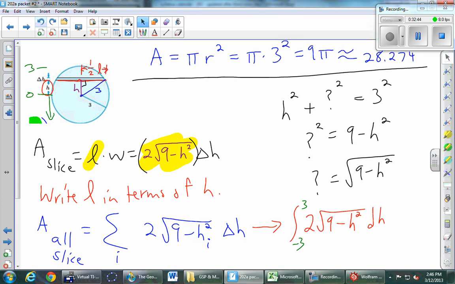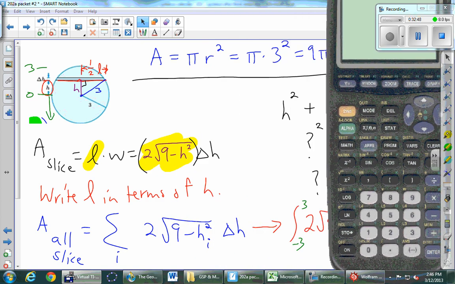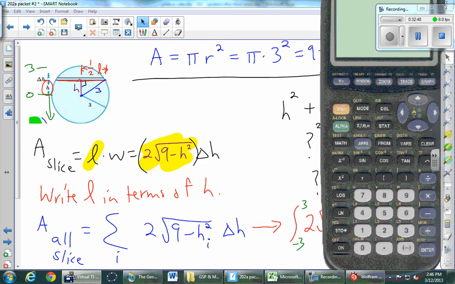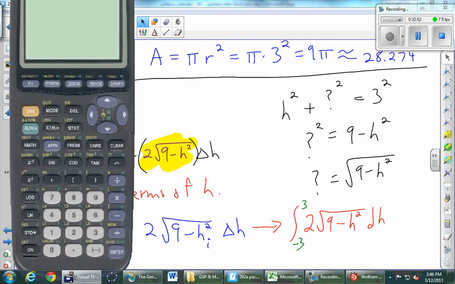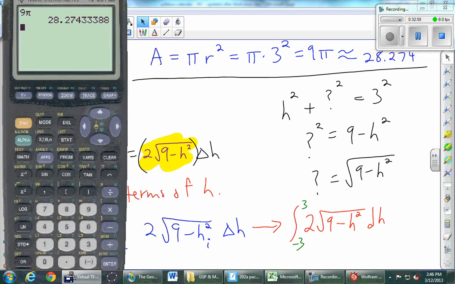So it turns out that integral is one that I'm not sure how to do. Let's just go ahead and use the calculator. The directions here said use the calculator on the middle integral. So I've got right there what the answer was. That was our 9 pi. We know that's the right answer, so hopefully with the video recording we'll actually get the right thing. So we're doing 2 square root of 9 minus x squared.